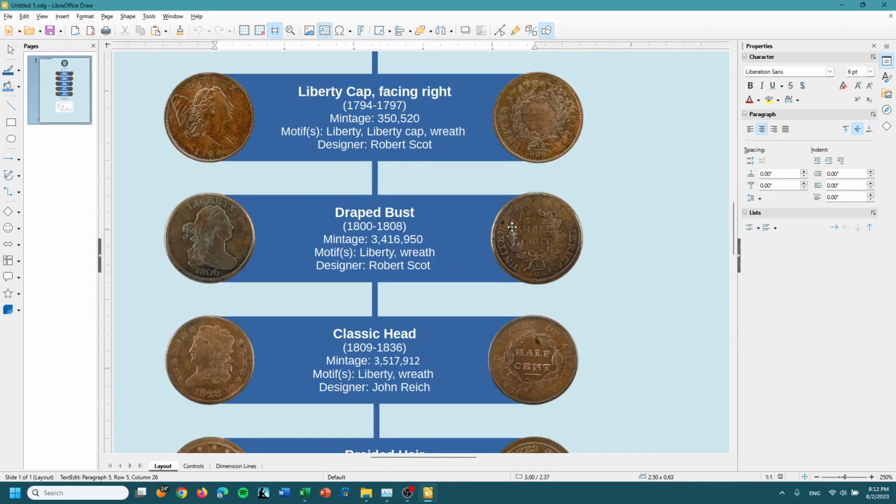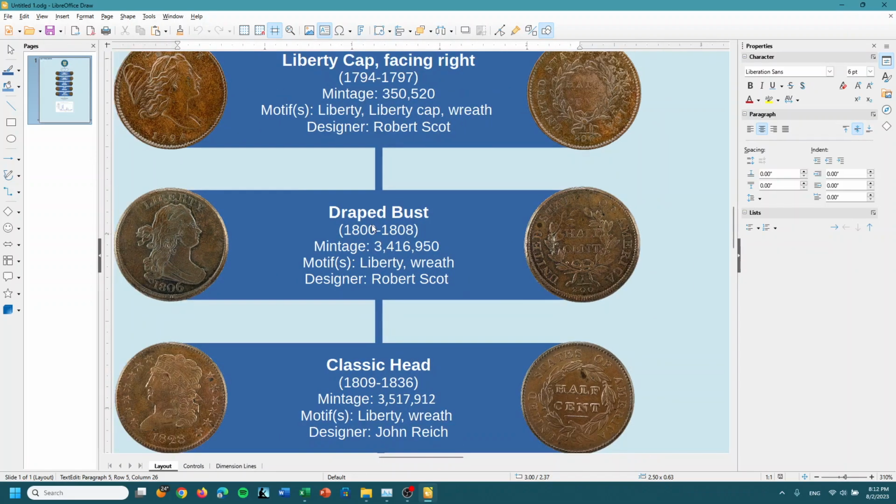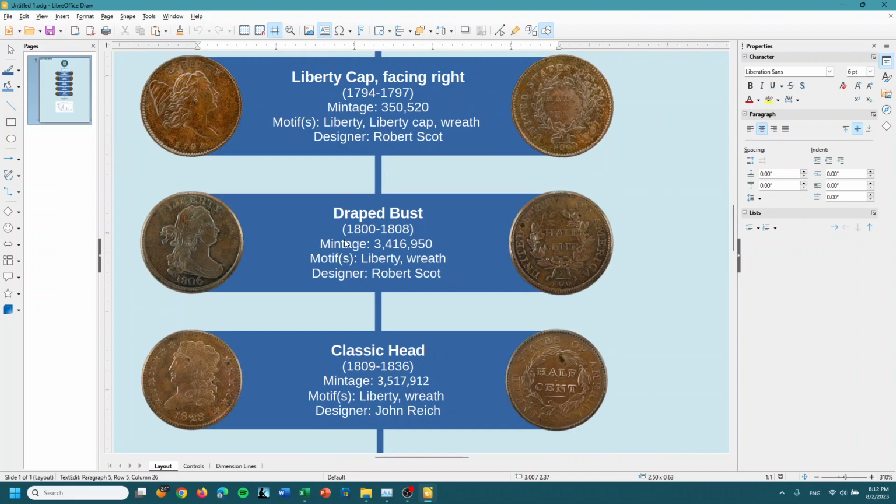Now, next up, you have the draped bust. Now, this was minted from 1800 till 1808, with a mintage of 3,416,950 coins over this runtime. The motifs here are fairly similar.